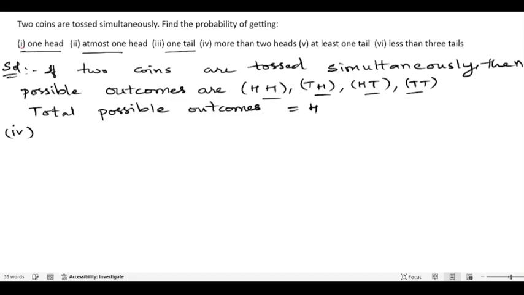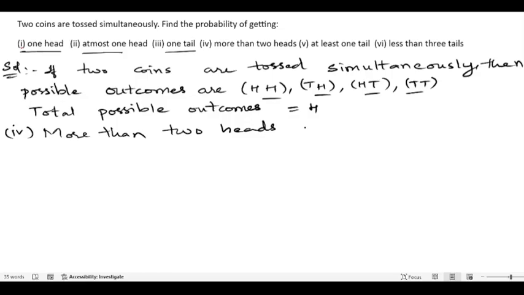Now let us solve the fourth bit. So they are saying more than 2 heads. So more than 2 heads cannot be obtained. You know that because we are tossing only 2 coins, so 2 is the maximum possible. More than 2 is not possible.